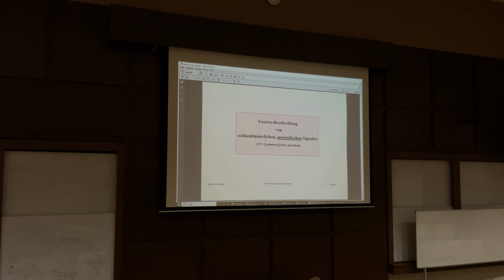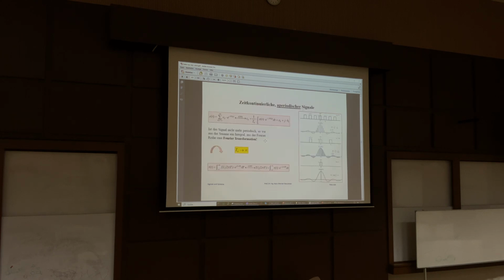The series is a sum, and if T0, which is the periodicity time, goes to infinity, the periodicity disappears.